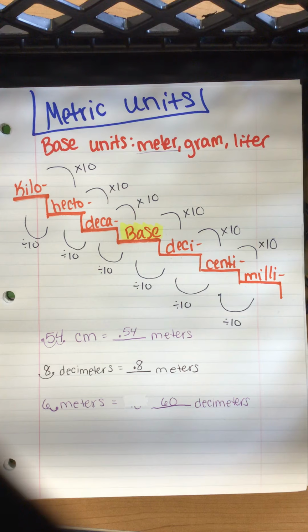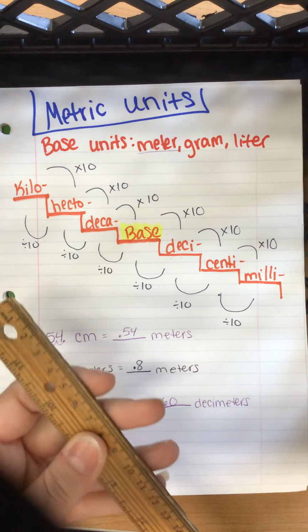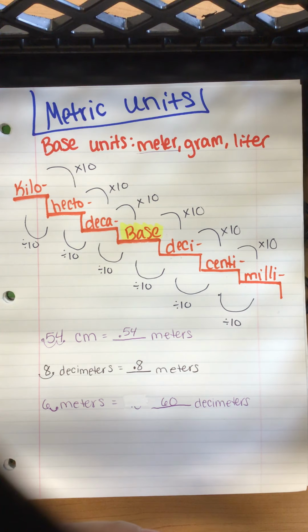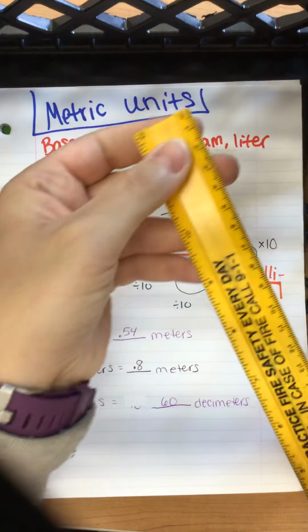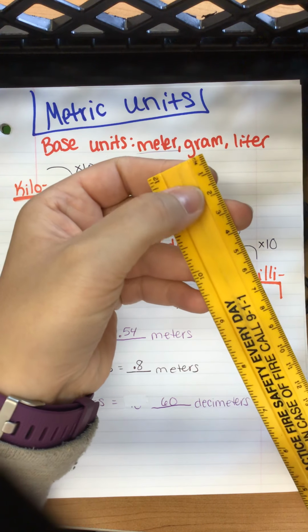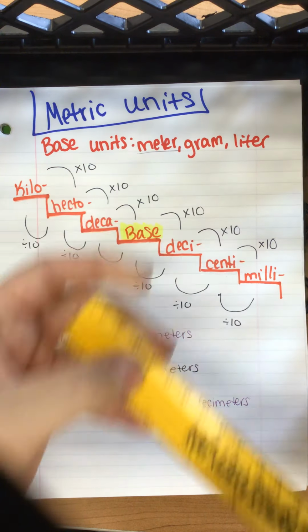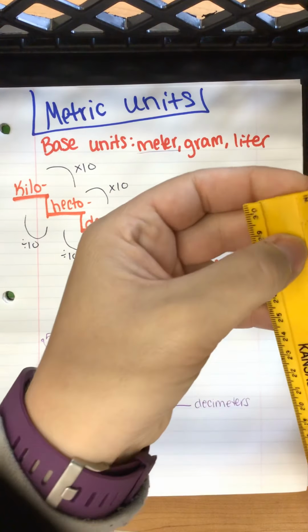It's just like if you would look on a ruler, okay? And the ruler has inches and centimeters on it. Let me find one. Okay, so centimeters, see how tiny they are? And inches are bigger.